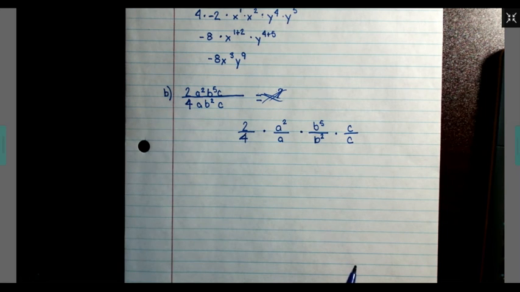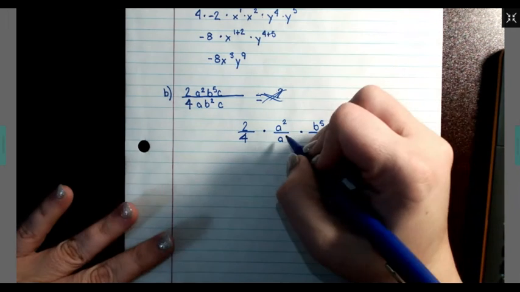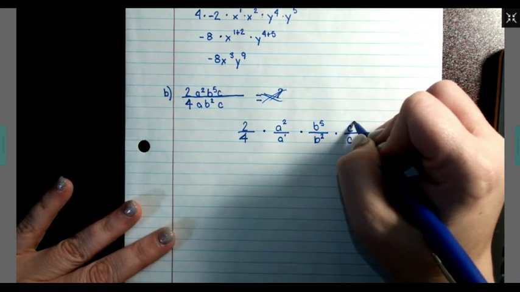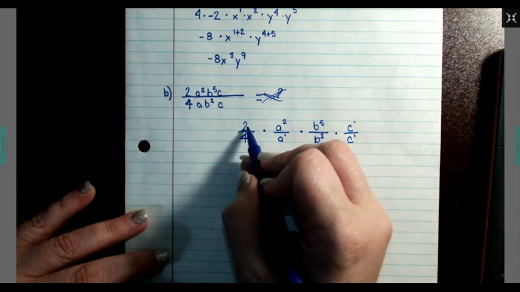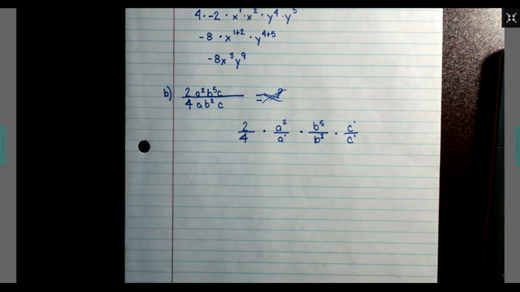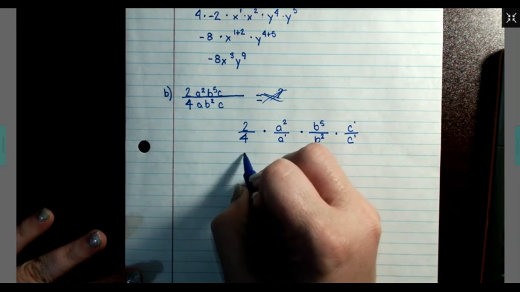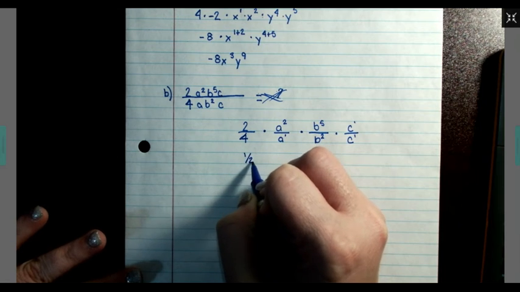Now, we're applying our rules, but before I can do that, I see a whole bunch of letters with no exponents. So we're going to use our imaginary rule of thumb here: 1, 1, 1. Okay? So 2 divided by 4 is not 2. Please don't put 2. 2 divided by 4 is 1/2.